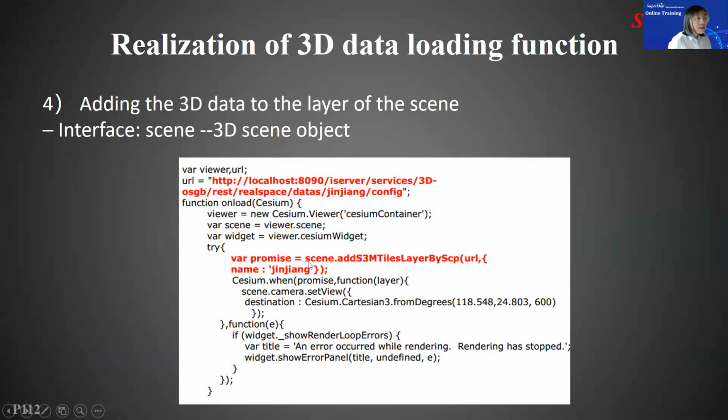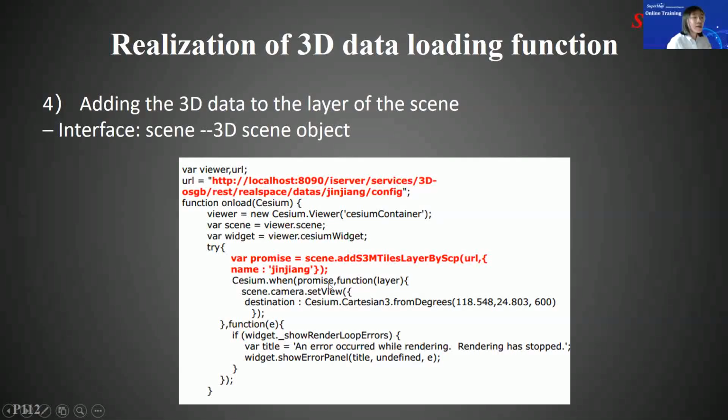You can set a name. It's a promise, so it's a return variable. If we want to do some operations with the added layer, we have to use the then function, Cesium.when promise.